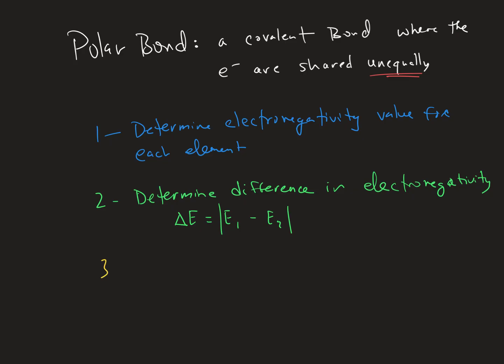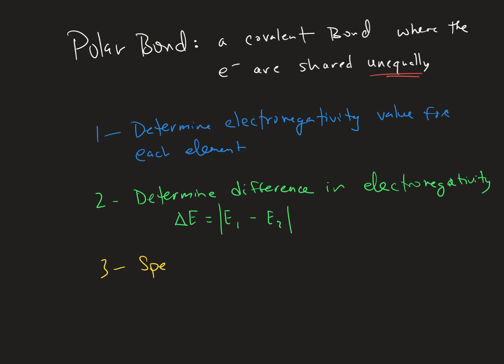And step three is if there is a difference greater than 0.4, then we're going to specify which atom is more negative and which one's more positive, okay? So if there's no difference, we just say it's nonpolar, right?